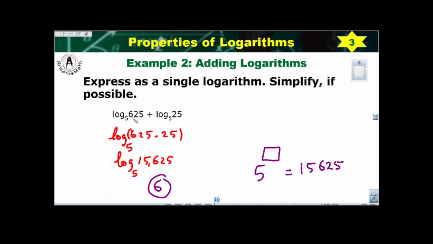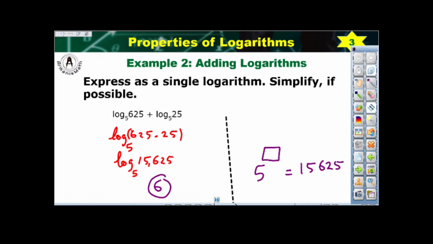There is a shortcut I may use on this side. Take log base 5 of 625.